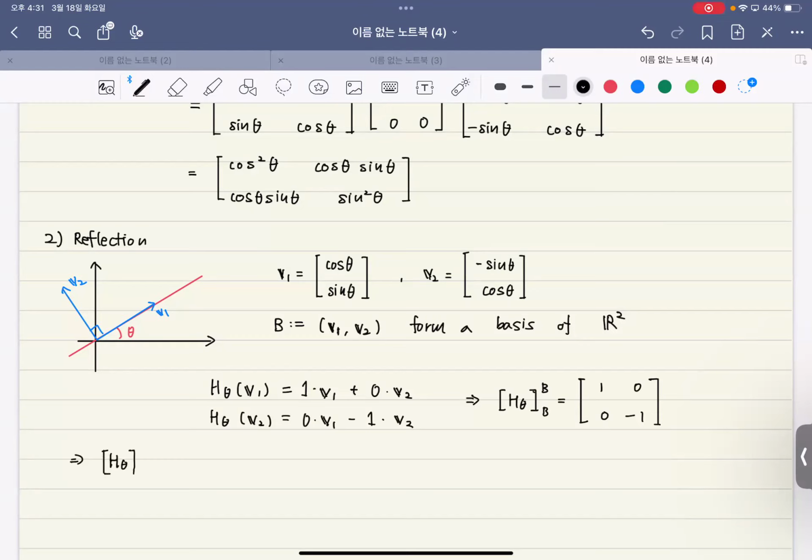Now, I want to find a matrix representation of the same transformation in terms of the standard basis.